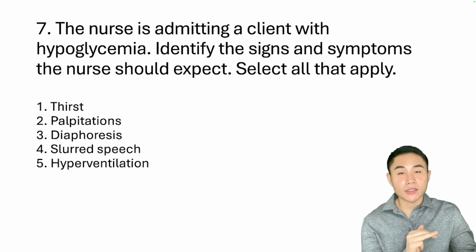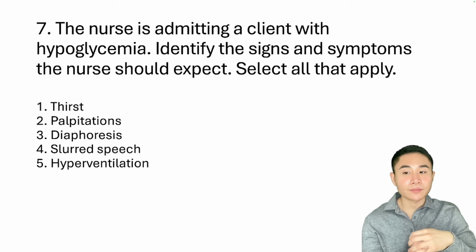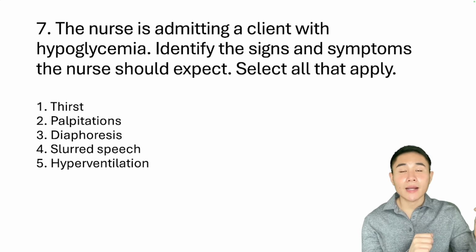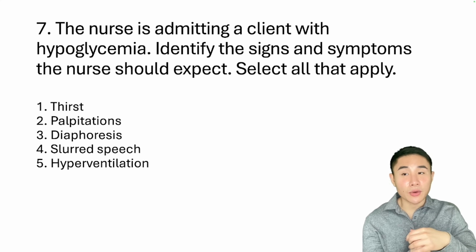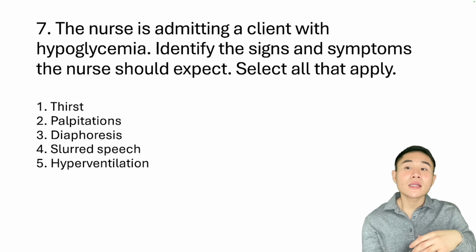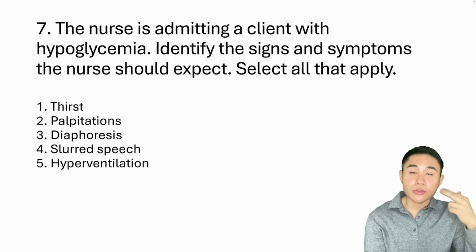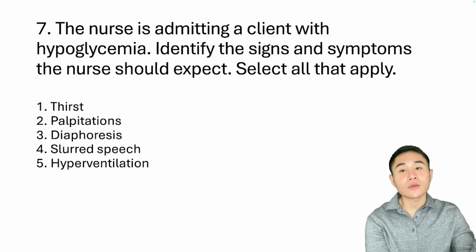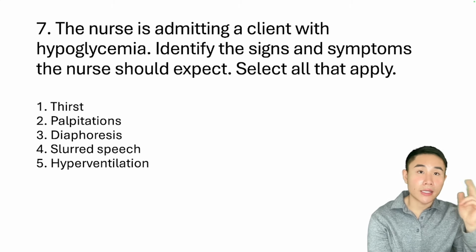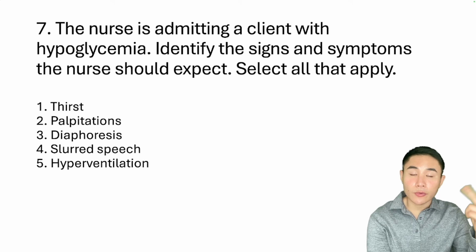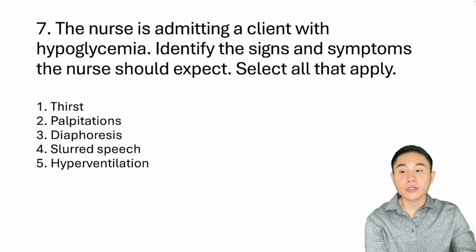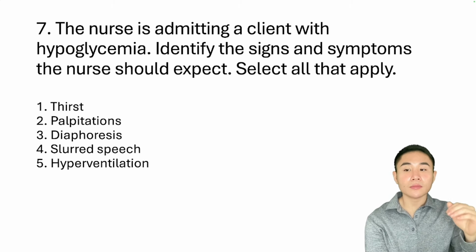Yes, diaphoresis is sweating, so definitely 2 and 3. Slurred speech. Yes, absolutely. Someone who has hypoglycemia can also have slurred speech because the brain uses glucose to function, and if we don't have enough glucose, the central nervous system will be depressed, and therefore slurred speech. So 4 is correct.